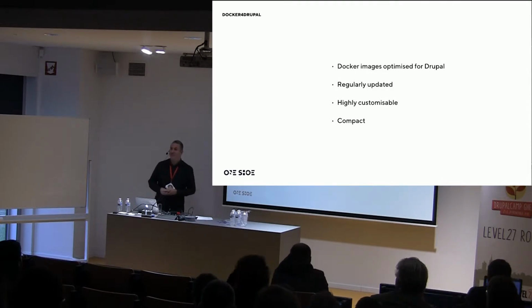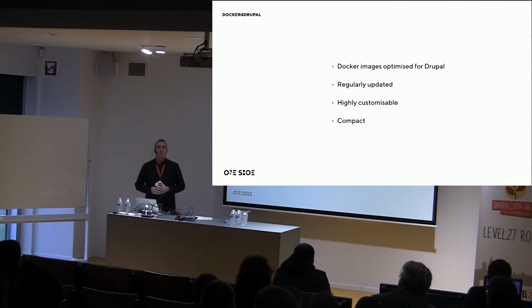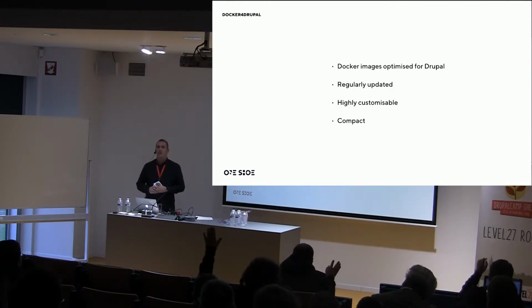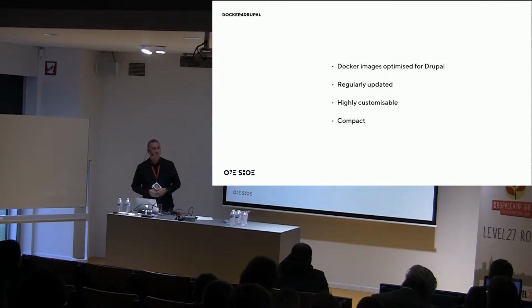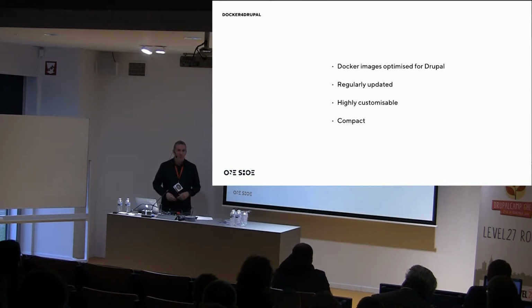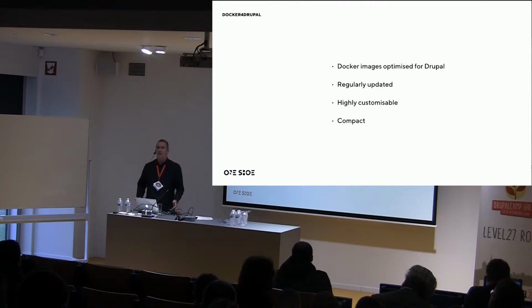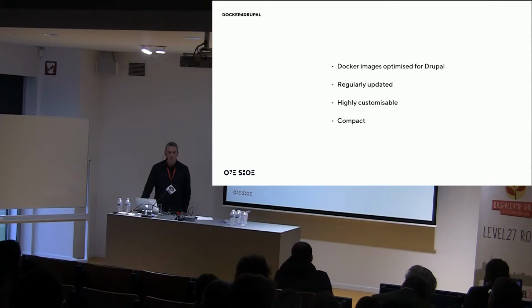A lot. How many of you used Docker before? A lot. Nice. I guess you also experienced the performance issue on Mac. It's extremely slow. The reason behind this slowness is the file system inconsistency.